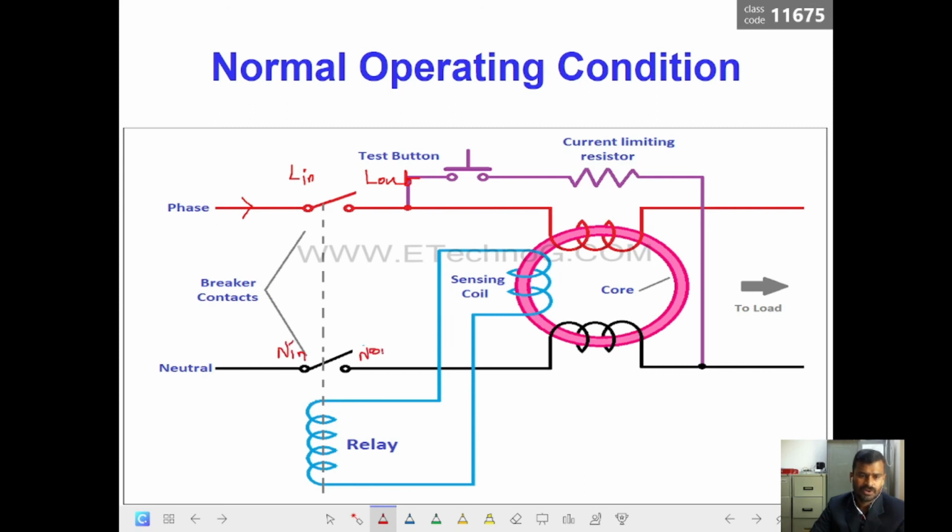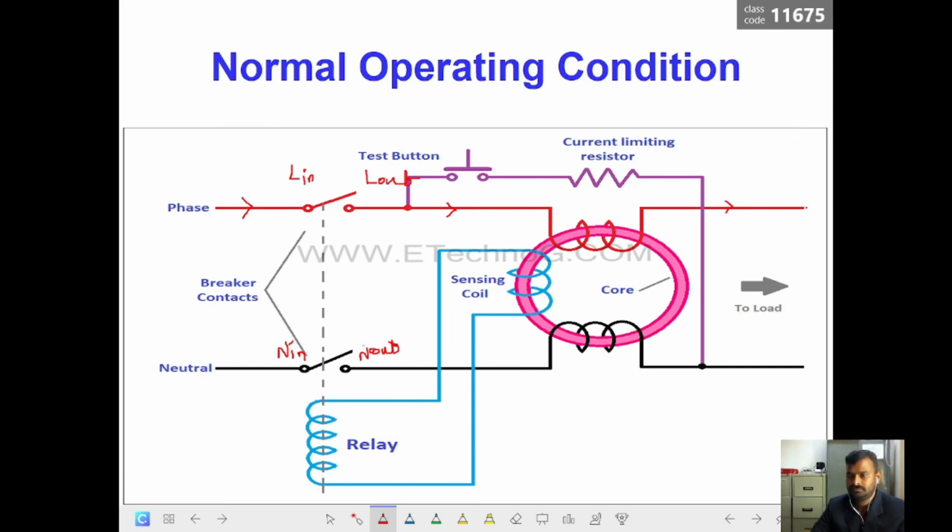The current flows through these terminals and goes inside. The line conductor is connected to a coil which is wound on a core, and then it goes to the external circuit.